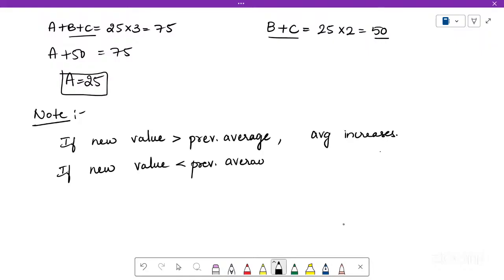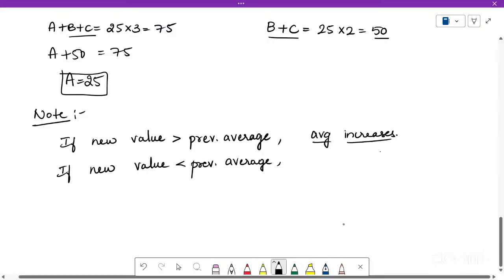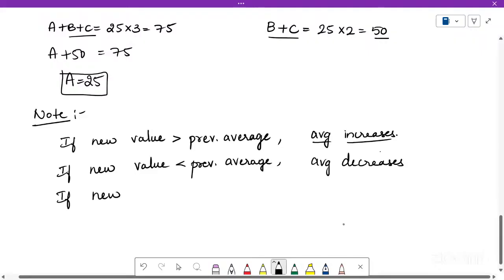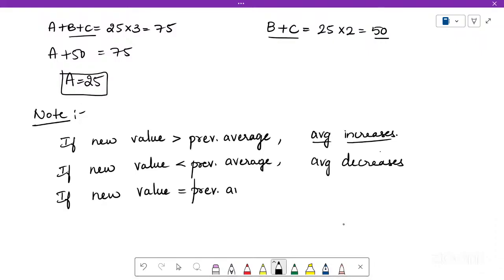Say you have marks in 5 subjects and you calculate the average, and then marks for another subject come. If the new marks are greater than the previous average, your average increases. If your marks are less than the average, your average decreases. Hope it is clear. If new value is equal to previous average, there is no change in average. These points will be useful as shortcuts. Without calculations, you will be able to find the answer.